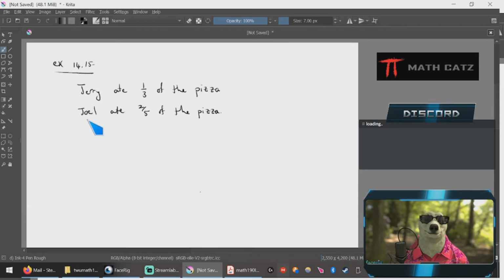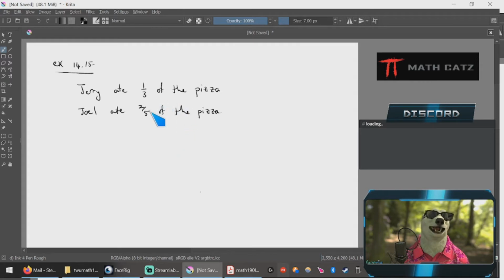So if the fractions are a little bit intimidating, we can very easily make it a bag of candy. Jerry ate a certain number of pieces from that bag. Joel ate a certain number of pieces from that bag. How much did they eat?